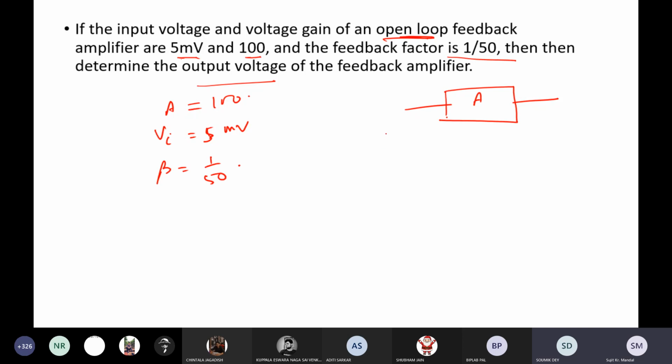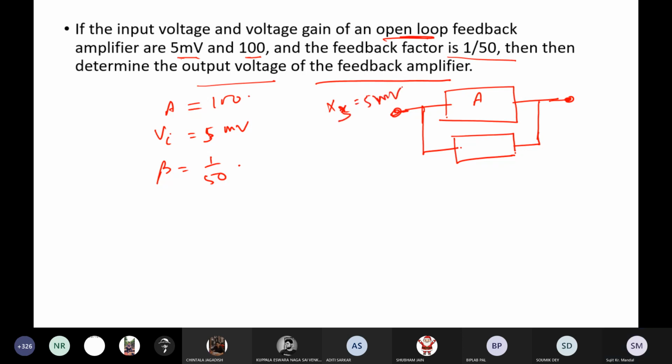So then what would be the output voltage? Note it here: the output voltage of the feedback amplifier. If we connect this feedback network from the output to the input, then what would be the corresponding output voltage for the given input voltage? Here the input voltage Xs is given as 5 millivolt.